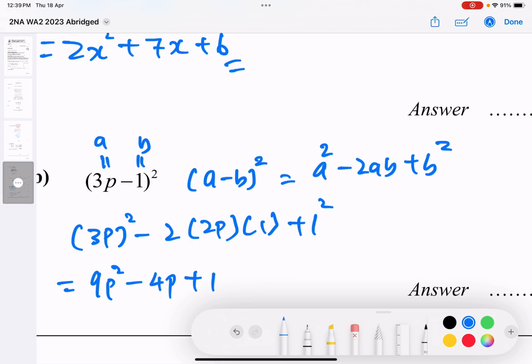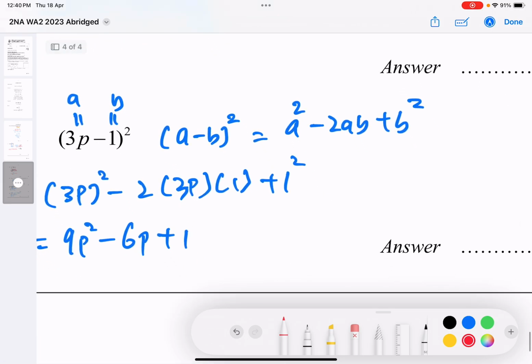So if you memorize... Oh yes, 3p, sorry. Thank you. This is 3p, so this is 6p plus 1. Now, I'm going to show you another method in case you cannot memorize this in the exam. 3p minus 1 squared is the same as, I know a bell has rung, just give me 1 more minute, 3p minus 1 times 3p minus 1.